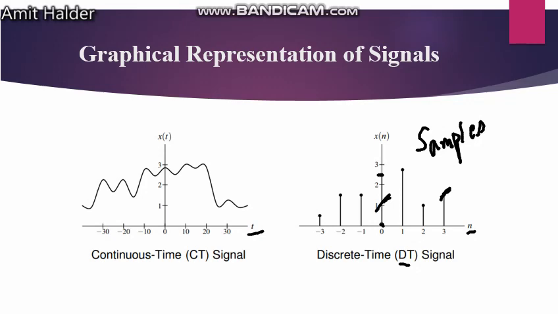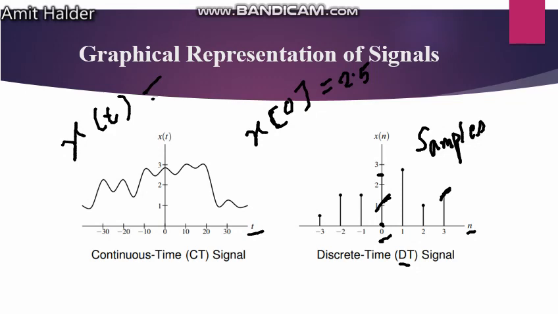At 0, it's a 0 point, that is a sample. How do you write this? x[0], the value of x[0] is such, at this point, this means 2.5. But if you write x(t), you have a certain value too. If x(10), that is a certain value of 3 here.